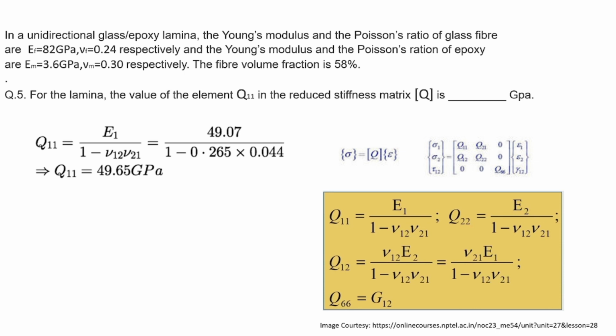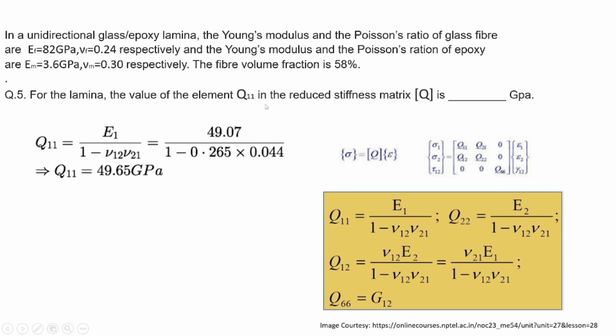Now question number 5, for the same data they are asking what will be the value of Q11 in the reduced stiffness matrix Q. As we have already studied the reduced stiffness matrix, here Q11 is in terms of known parameters which can be found from mechanical testing, that is the modulus, the Poisson ratio, and shear modulus. So in their terms we can find the value of Q, the reduced stiffness matrix value.